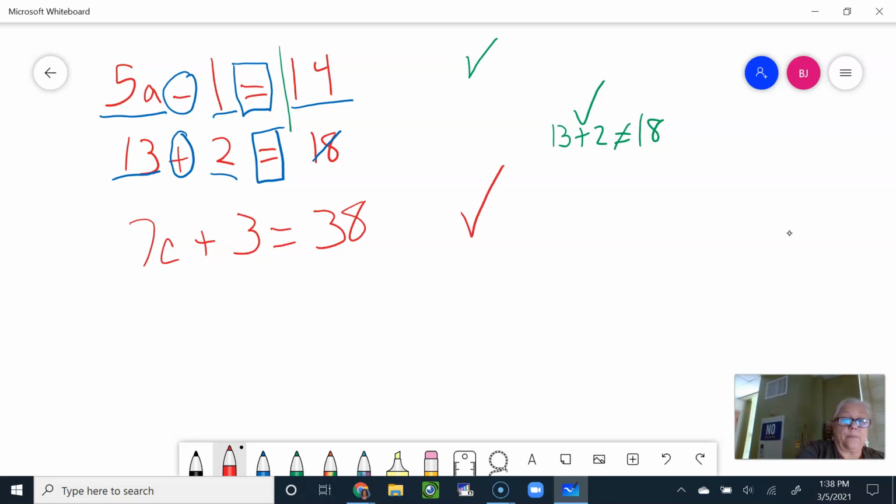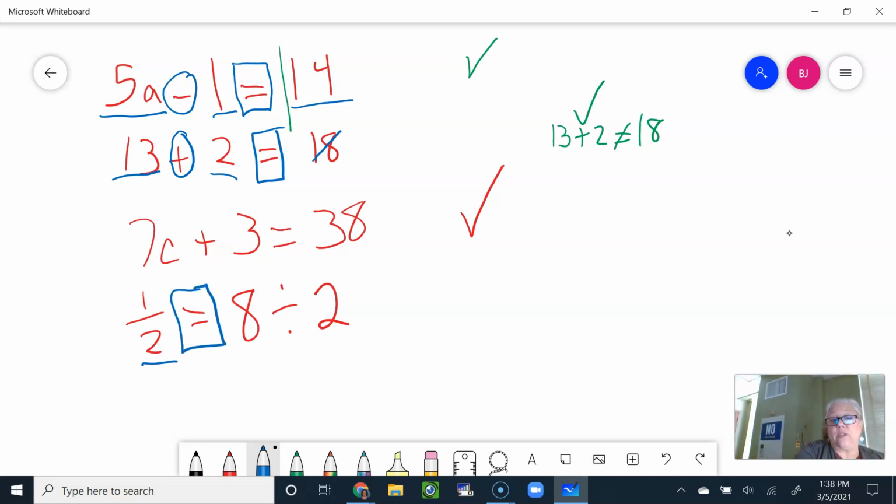But let's look at this one. 1/2 equals 8 divided by 2. Well, first of all, we do have a term. We have an equal sign. This is written backwards, but we still have an equal sign. We have a term, and we have an operation.